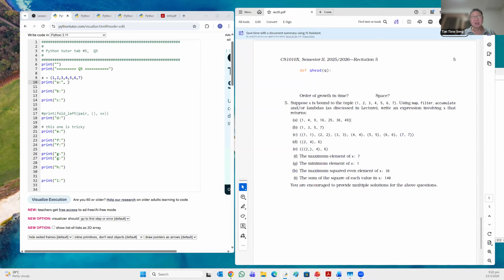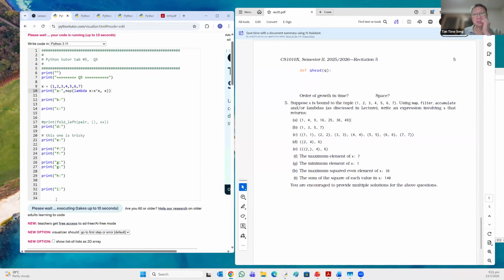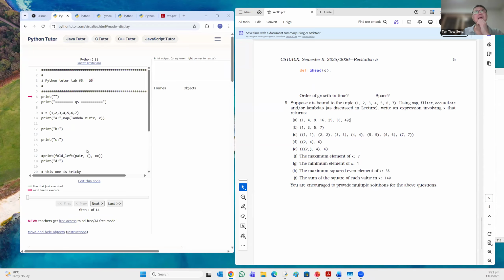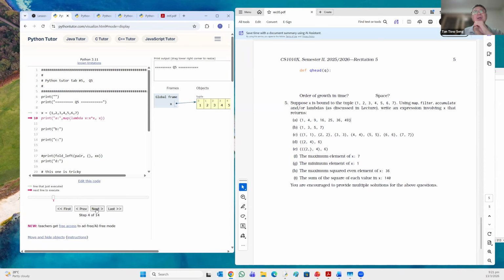So if you do just the map, there's another thing to note. If you do just this map, like line number 10, you get an object.